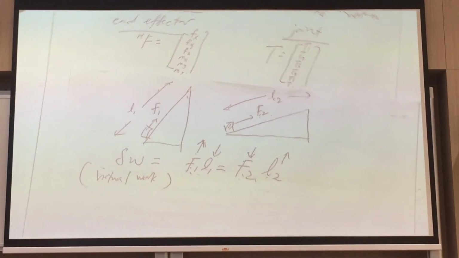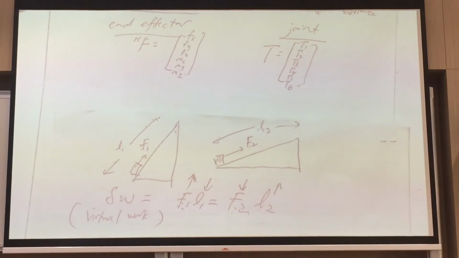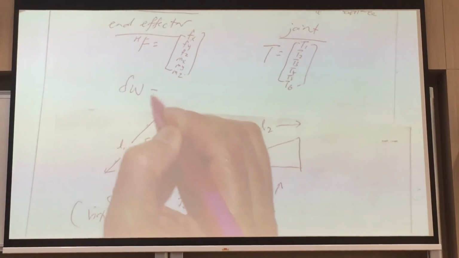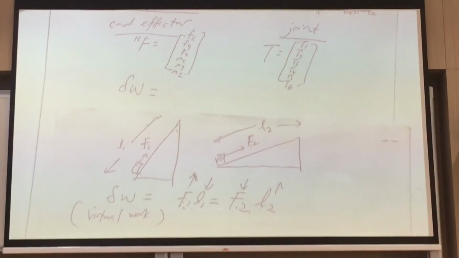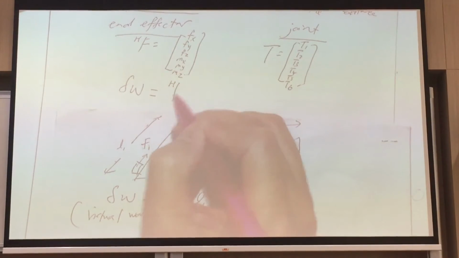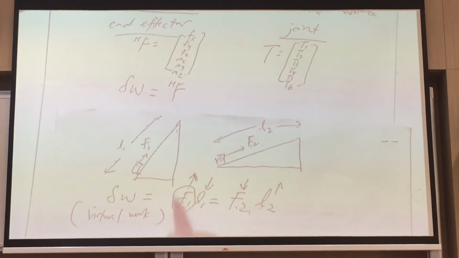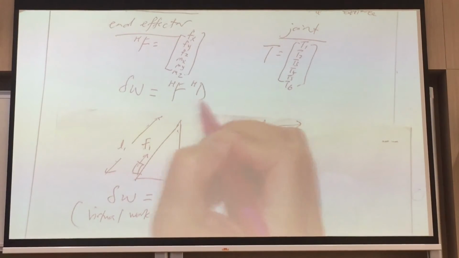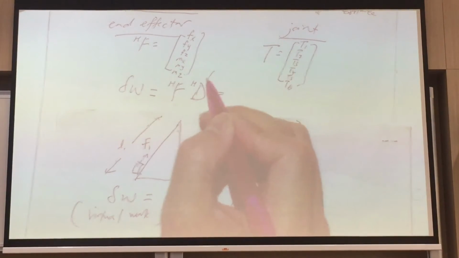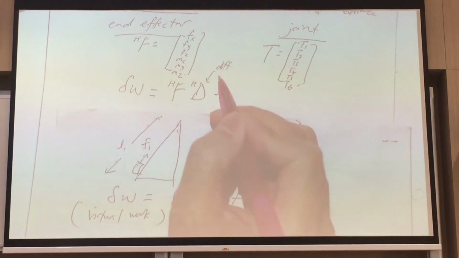So if we apply the concept of virtual work, delta W, we say that HF, the force, multiplied by the distance, HD. Remember D stands for differential motion of the end effector.